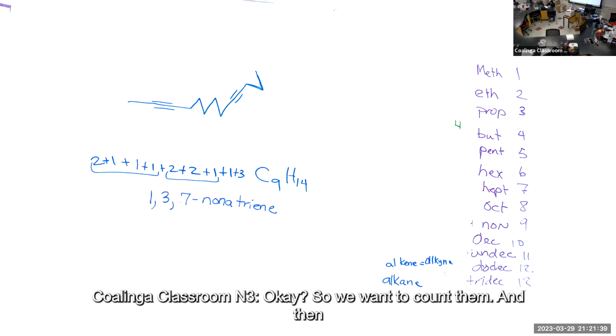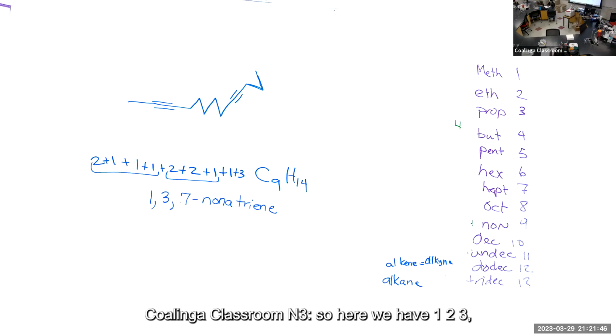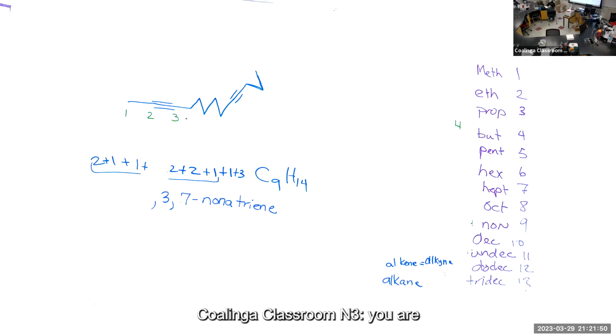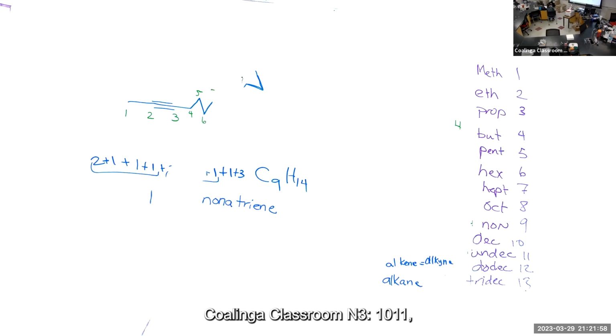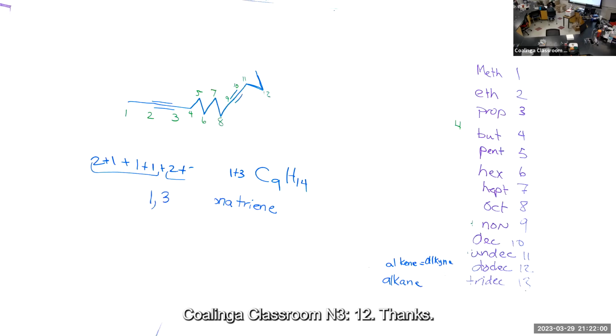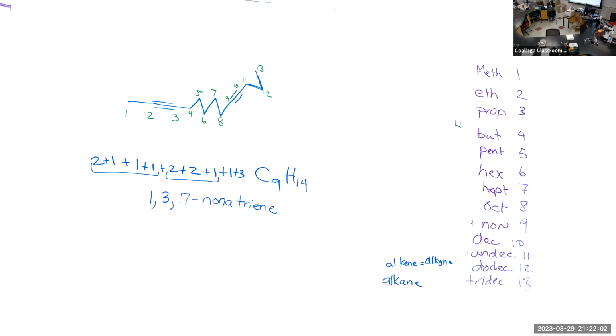Okay. So we want to count them, and then the direction that gives us the lowest number, right? So here we have 1, 2, 3, 4, 5, 6, 7, 8, 9, 10, 11, 12, 13. Ooh, that's close.